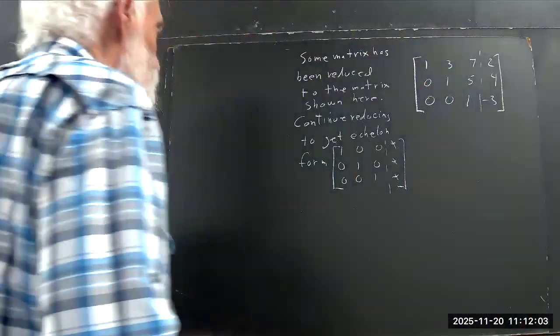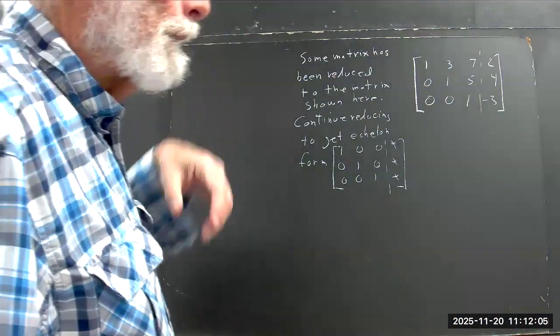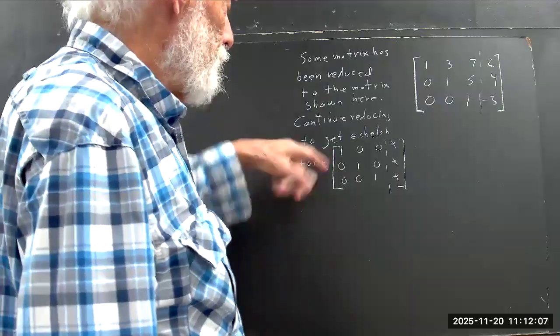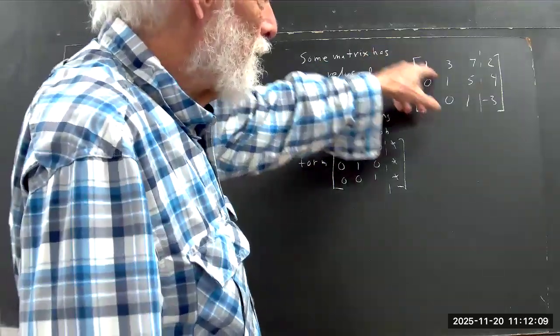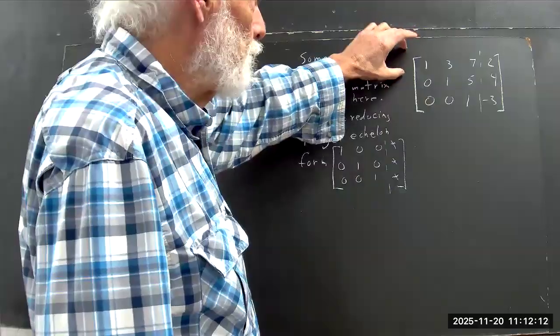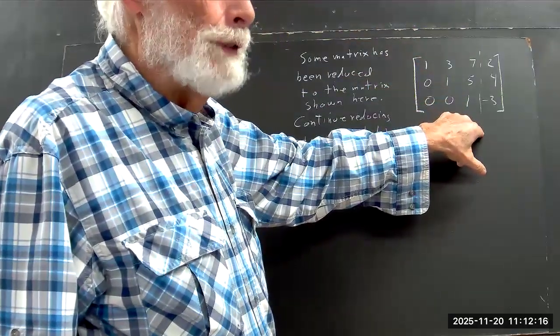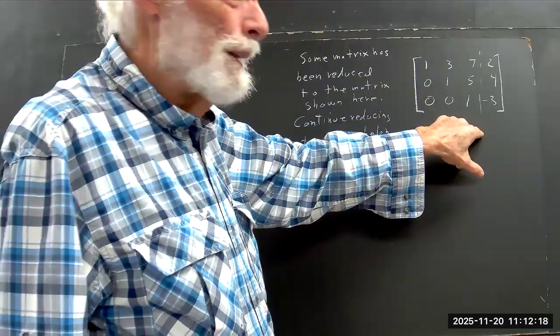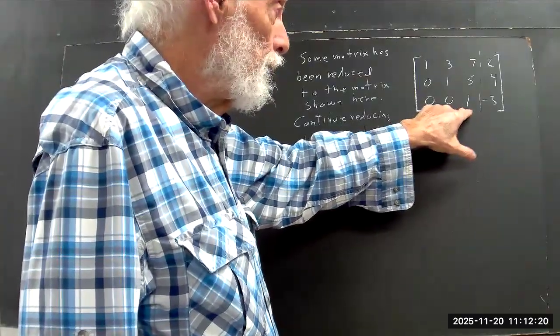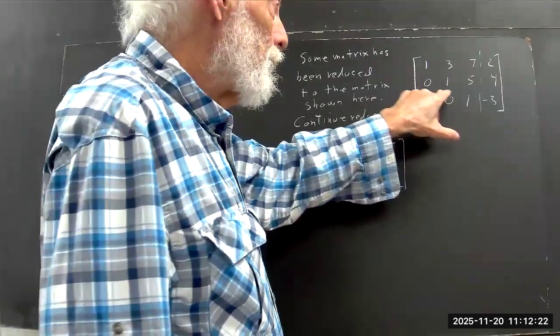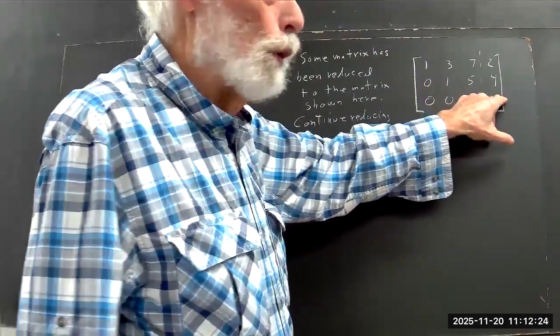Our quiz for today comes from some of the questions people have. They seem to be pretty much okay with reducing a matrix to this upper triangular form, which is sufficient to get a solution. Because you just write out the equation, z equals -3, y plus z equals 4.